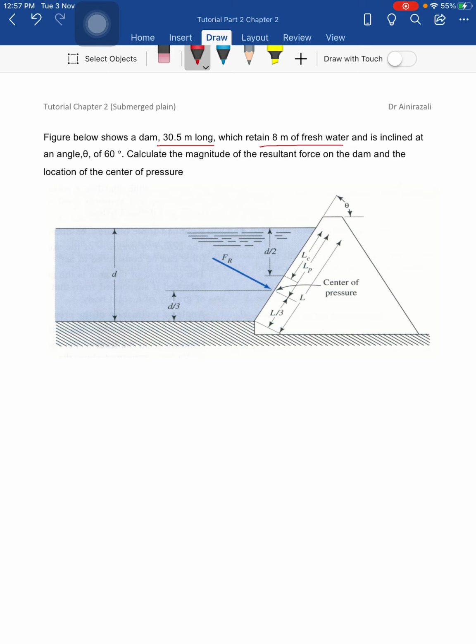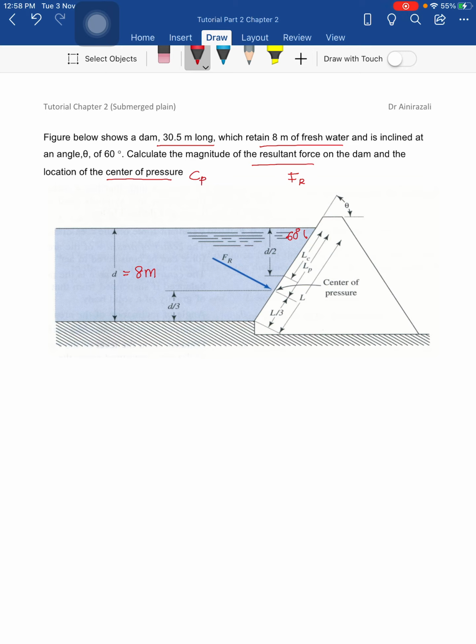So 8 meter means that your D is 8 meter, and it is inclined at an angle of 60. So here is your angle 60. Calculate the resultant force FR and the location of the center of pressure, CP.